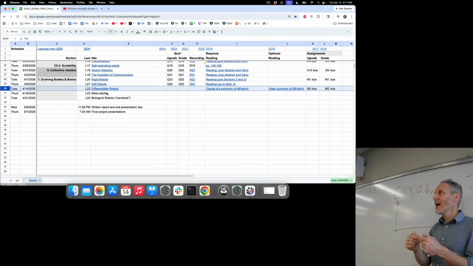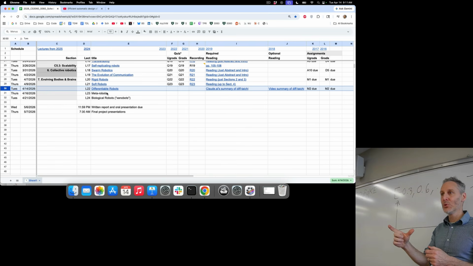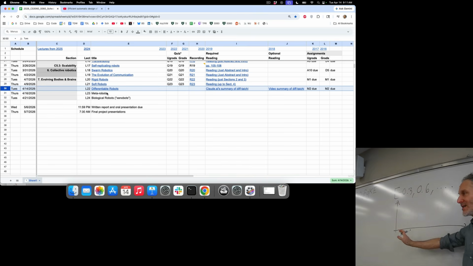Braitenberg invited us to think about that little robot swimming around in a pool, and it would slow down in cold water and speed up in warm water. Imagine on the horizontal axis here, we imagine different values of that single synaptic weight. So I'm writing W for weight here with no subscript to remind us that in this very simple example now, with vehicle 1, we're thinking about just one synaptic weight.